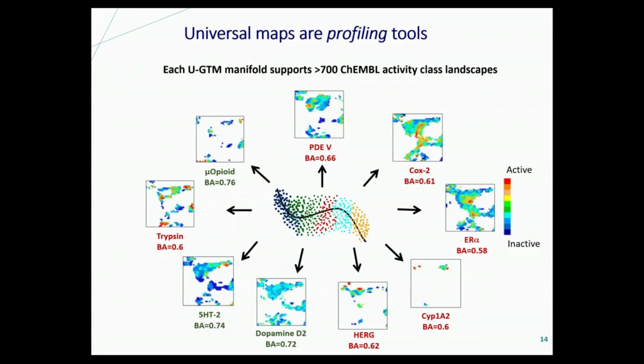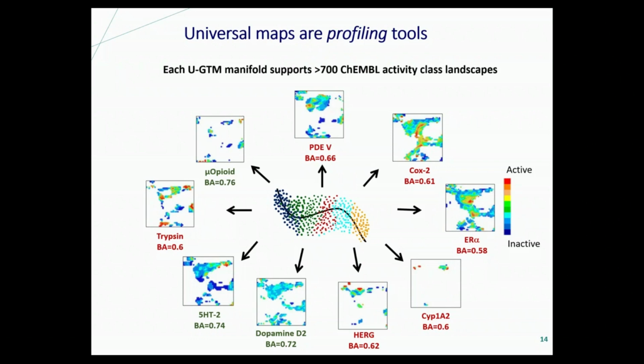And of course, like with any QSAR, there are some targets that have a better balanced accuracy. This is cross-validated balanced accuracy. Trypsin inhibitors tend to be very diverse, and it's difficult to separate them. By contrast to dopamine inhibitors, where there are clear clusters of actives rather well separated from the rest.